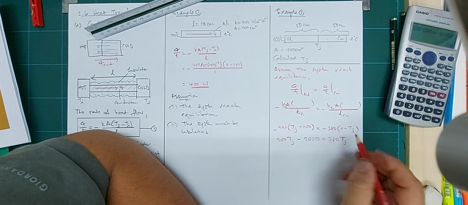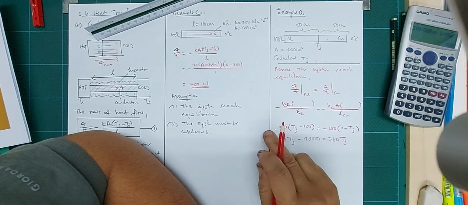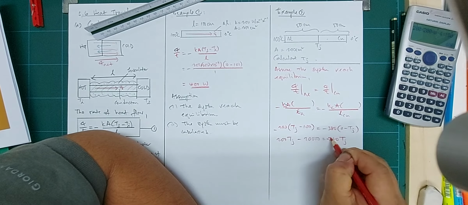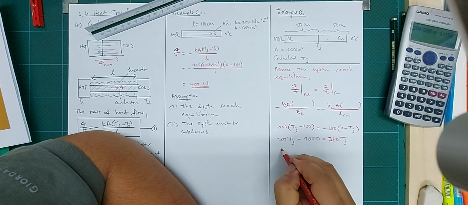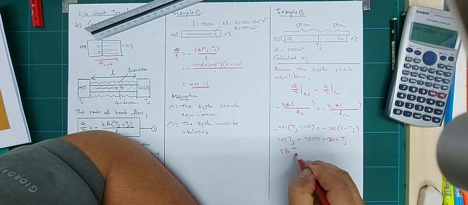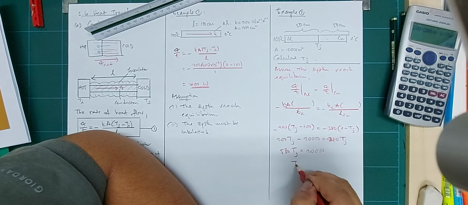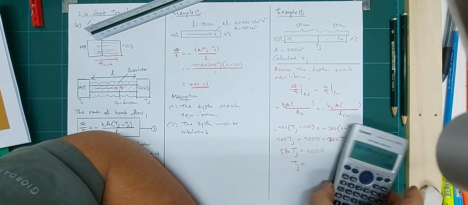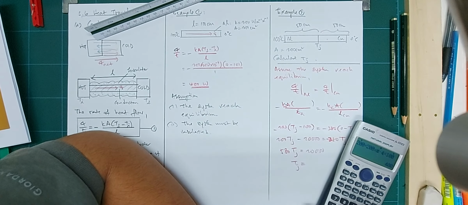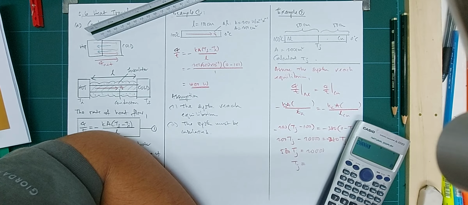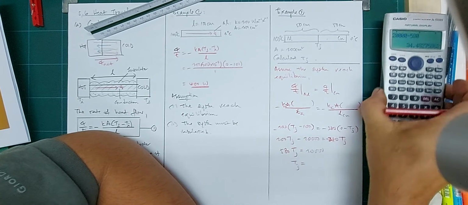So now put together, this becomes 580 Tj equal to 20,000. So our junction temperature answer should be between 0 and 100. So you have 20,000 divided by 580, temperature 34.5.